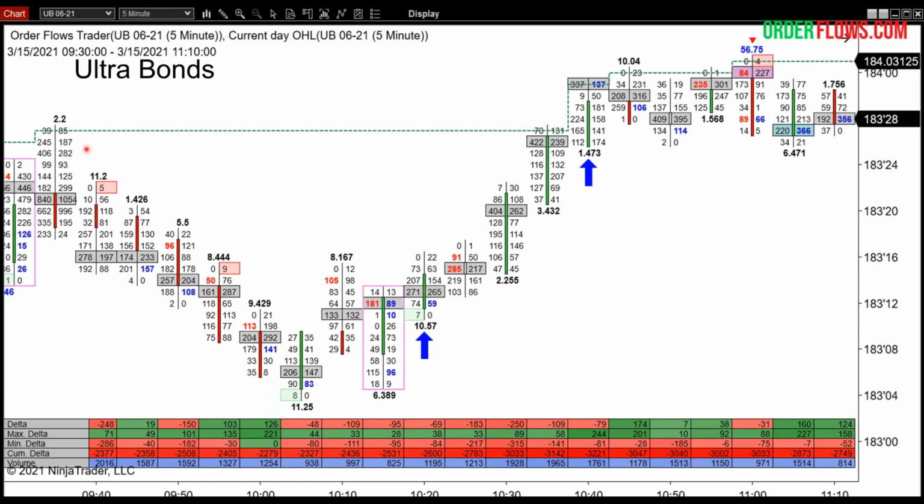And as you're coming off that high, putting in a swing low, starting to see the aggressive buying, as well as the aggressive buying in here with the imbalances, that aggressive selling that you had seen earlier is gone, right? That's your weakness, right? Now it's a bullish signal. That's why there's that blue arrow.